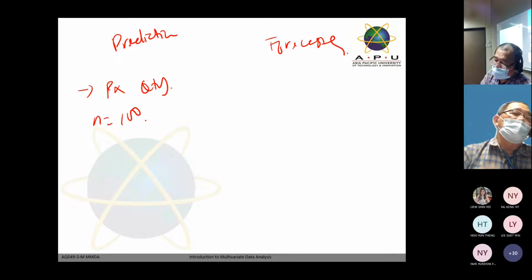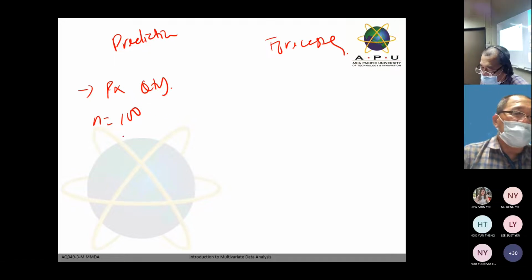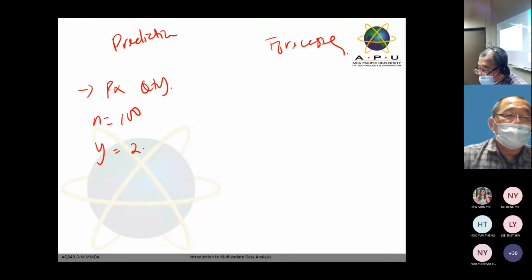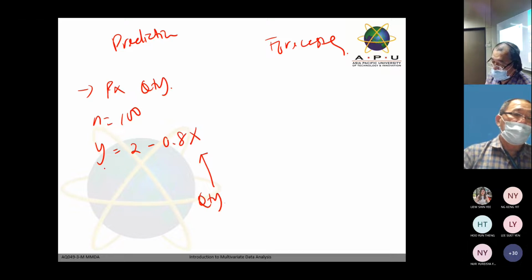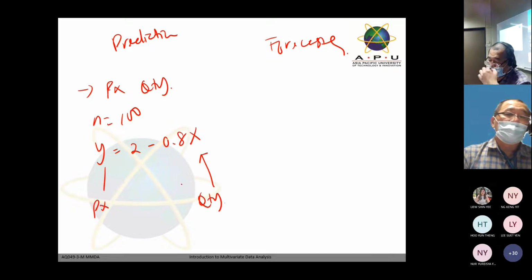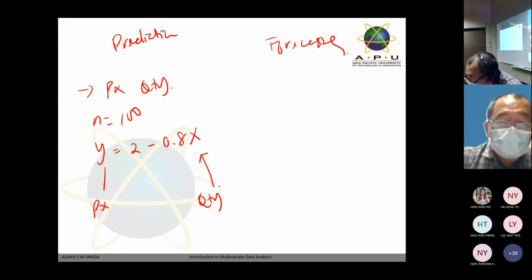Finally, you can come up with one equation, for example, y equals 2 minus 0.8x. Here x is the quantity, y is the price.